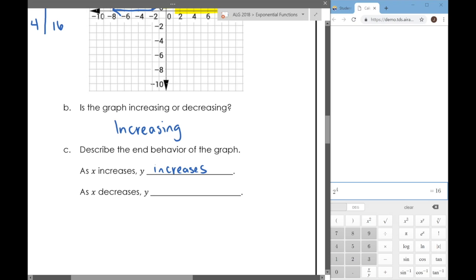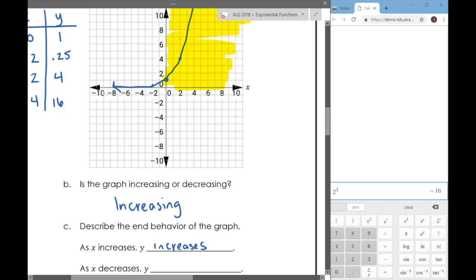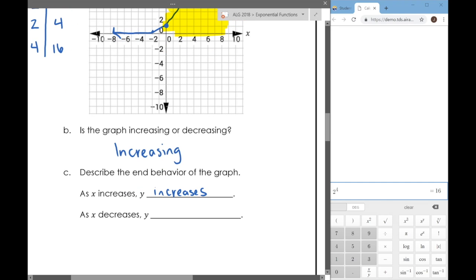Okay? Now, as x decreases, so as my x gets smaller and smaller and smaller, what happens with my line? Well, my line gets really close to 0. So as this decreases, it approaches 0.